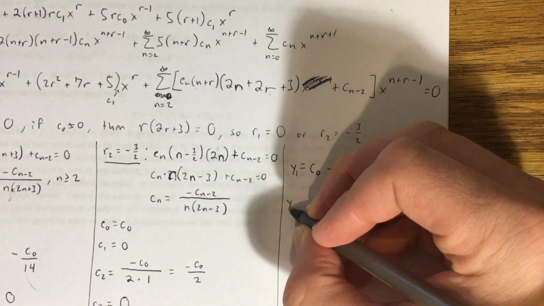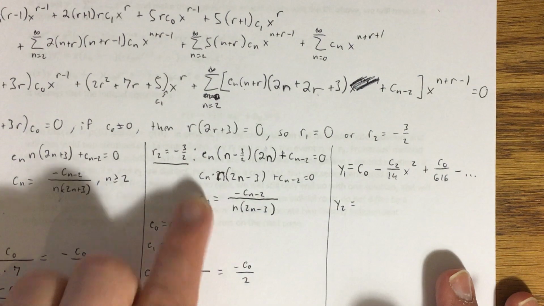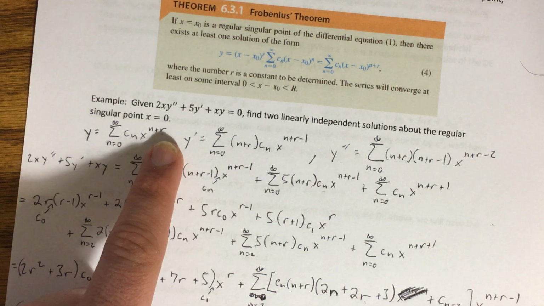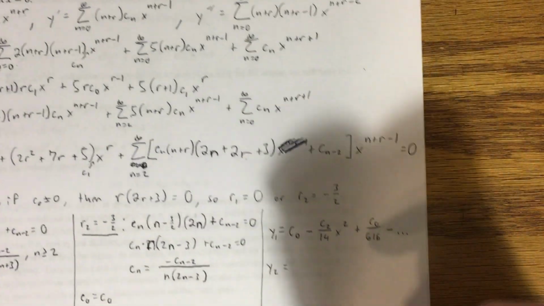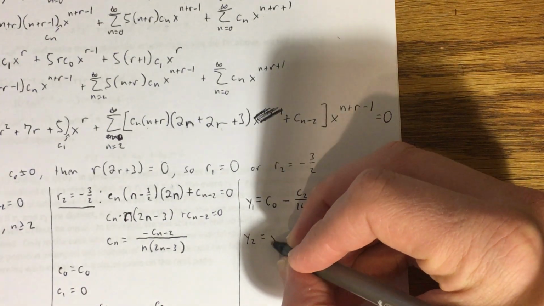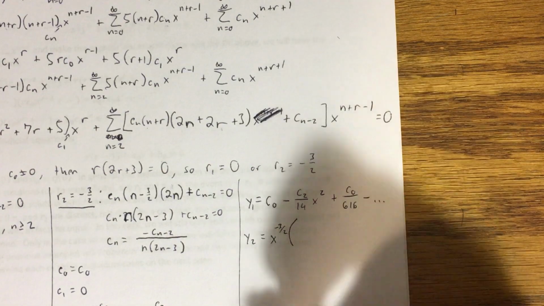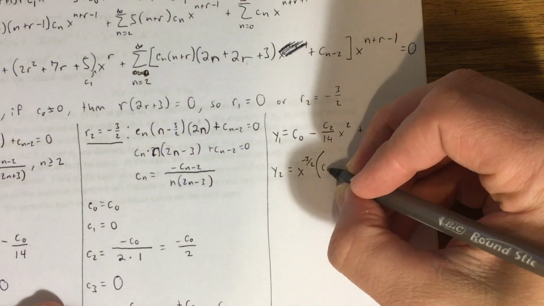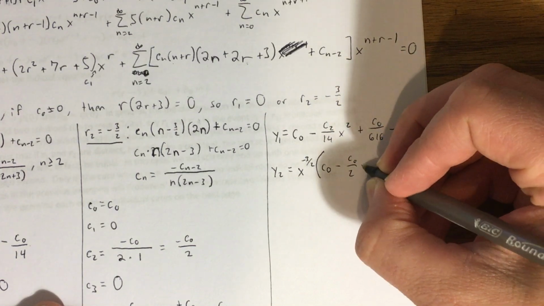Now Y2, I'm plugging a negative 3/2 in for r over here. And notice what that does. I can actually pull an x to the negative 3/2 power out completely from that series. So let's do that. I'm going to have x to the negative 3/2 times, using the coefficients that we found here, C0 minus C0 over 2 x squared.